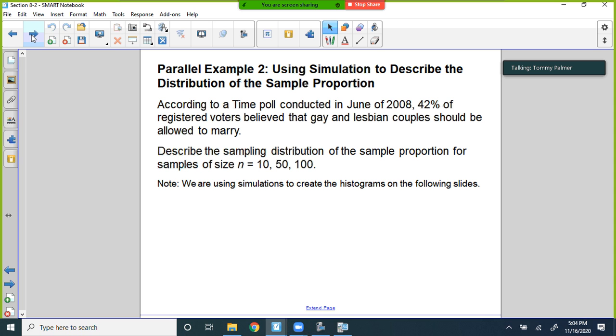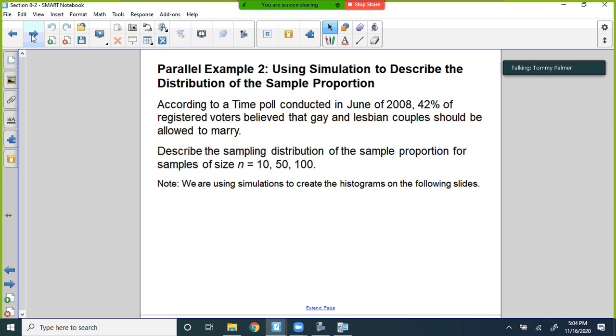Now, we're going to look at another example. This is using a simulation to describe the distribution of a sample proportion. According to a Time poll conducted in June of 2008, 42% of the registered voters believe that gay and lesbian couples should be allowed to marry. Describe the sampling distribution of the sample proportion for the sample size n equals 10, 50, and 100.